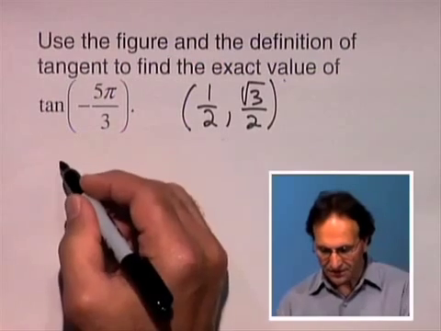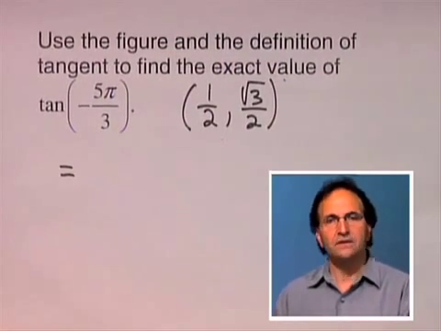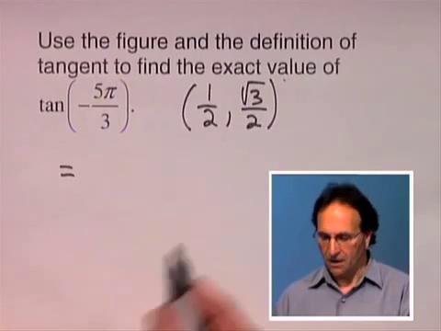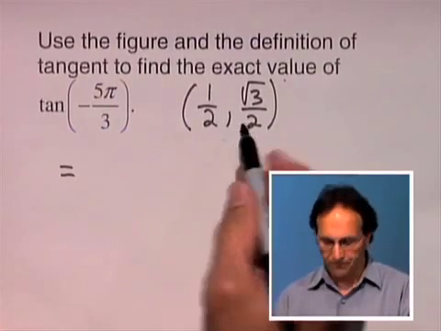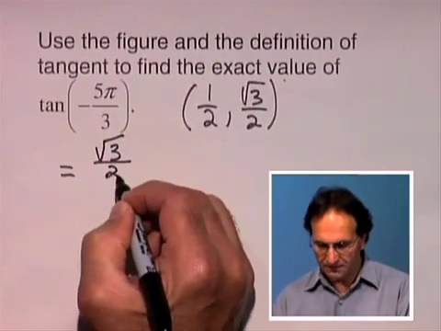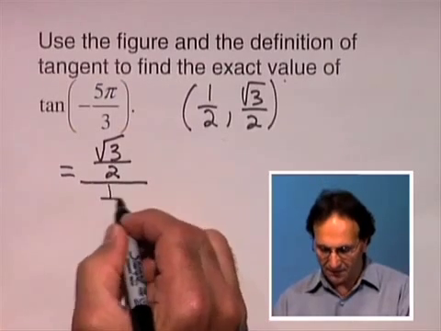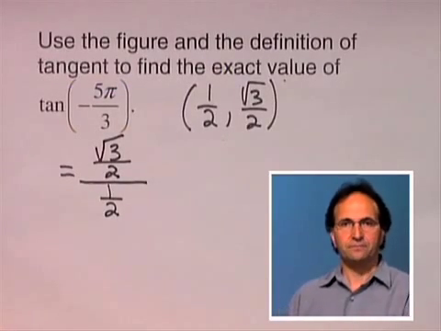Now the tangent is equal to the y value divided by the x value of this corresponding point. So it would be the square root of 3 divided by 2, all of that divided by 1/2.